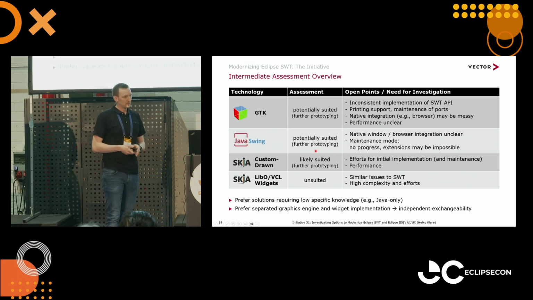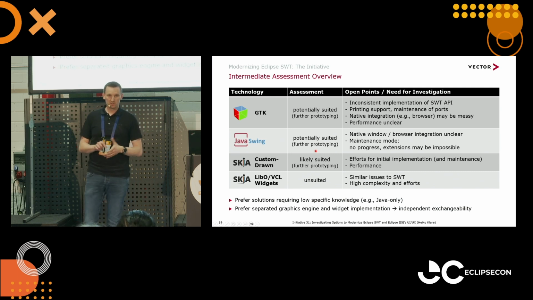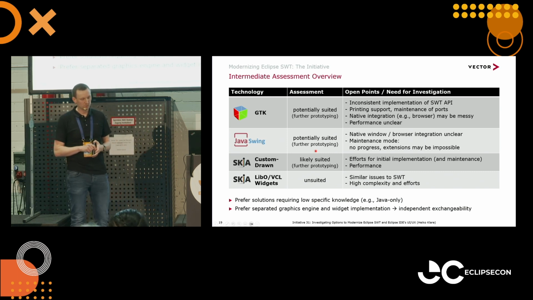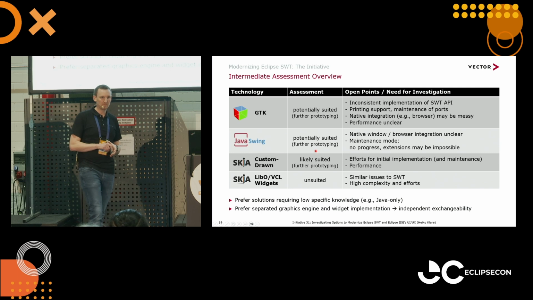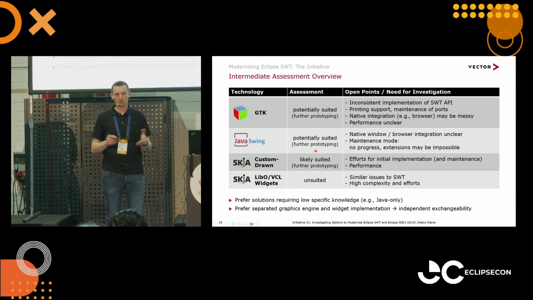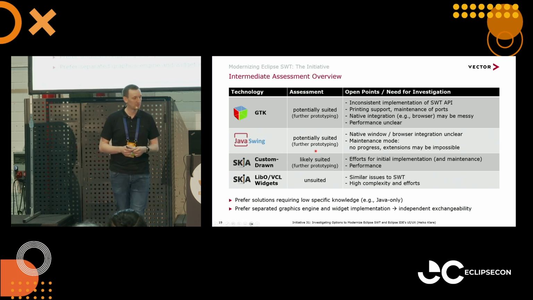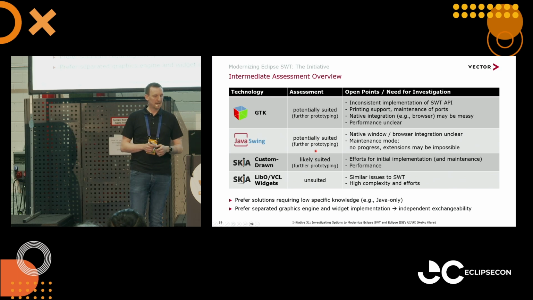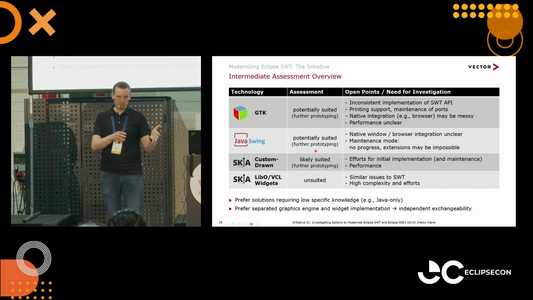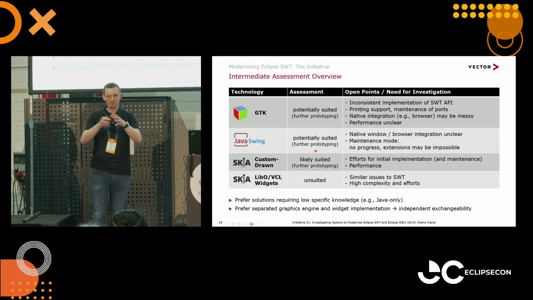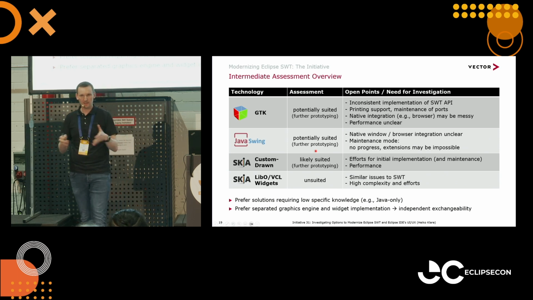But some general findings that we had is that we should in general prefer a solution that requires low specific knowledge. So for example, having Java-only technology stacks is good from a skill set perspective and from a motivation perspective. And it would also be good to have a solution that separates the graphics engine from the widget implementation. So what we have right now is we have to exchange everything at once.